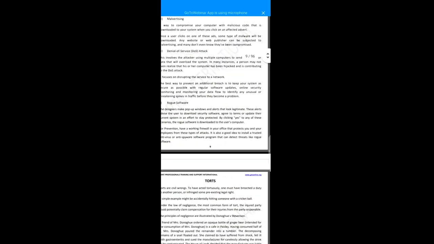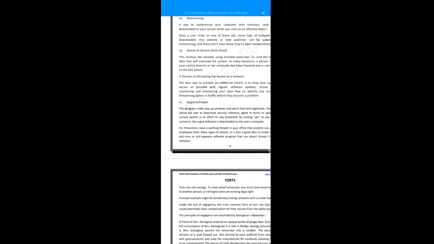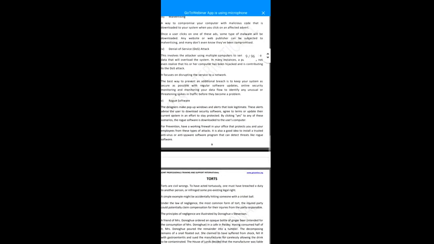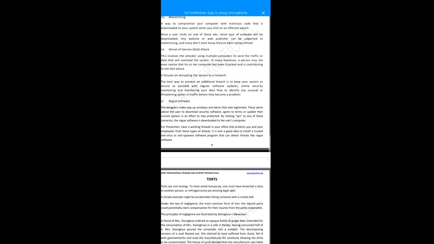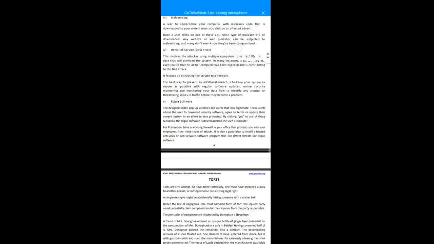And the last one, rogue software. The designers make pop-up windows and alerts that look legitimate. These alerts advise the user to download security software, agree to terms, or update their current system in an effort to stay protected. By clicking yes to any of these scenarios, the rogue software is downloaded to the user's computer.